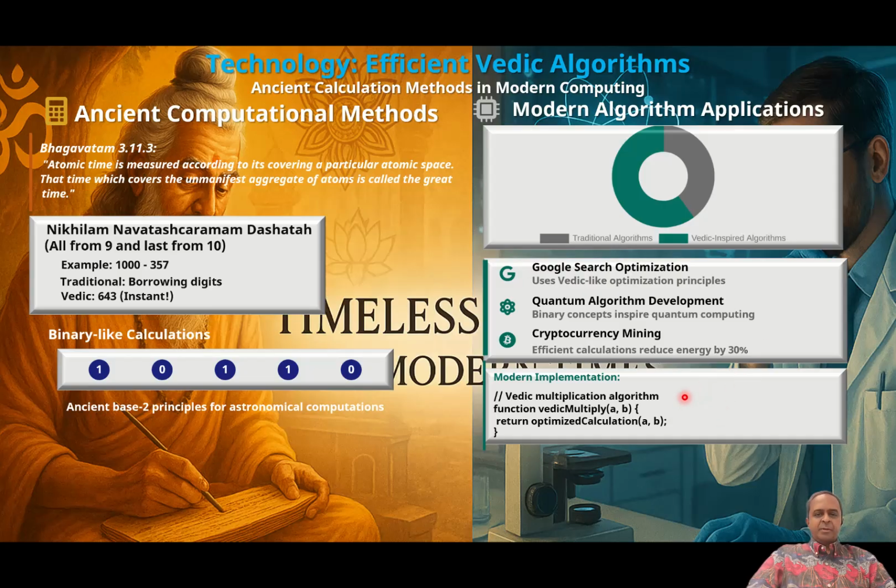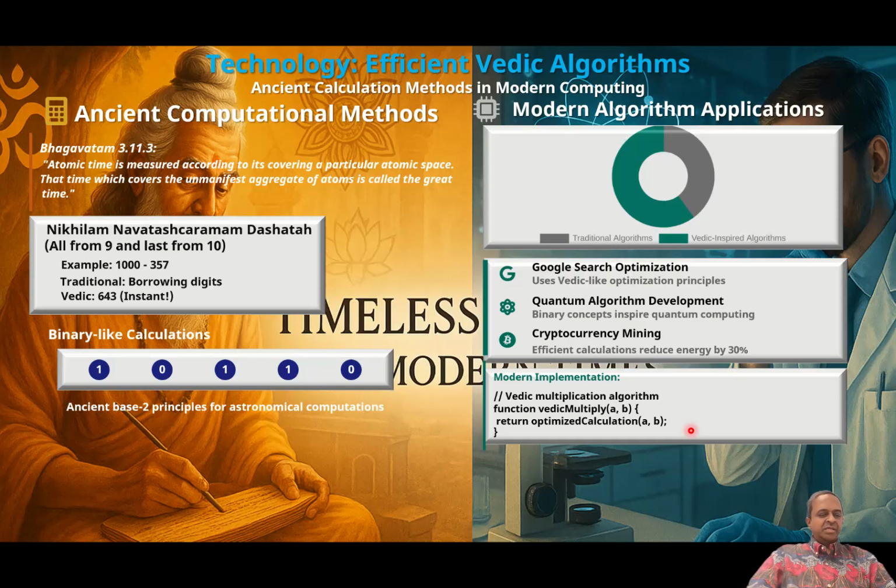Now, if you look at this, modern programmers are rediscovering these principles. So you look at this code here, some of the modern implementations of the Vedic multiplication algorithm. So there is a function which is being used: Vedic multiply A and B, right?